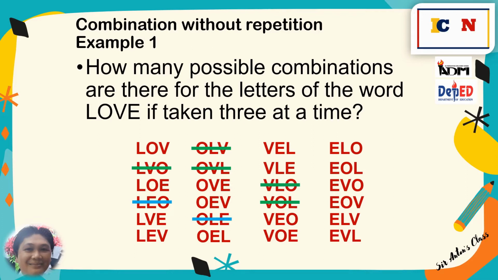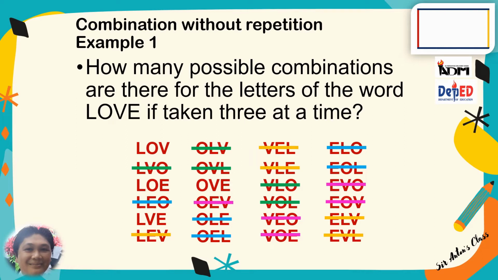It's the same with LEO, OLE, OEL, ELO, EOL. Then for LVE, we have this yellow or orange line, the same with LEV, VEL, VLE, ELV, and EVL. And lastly, for OVE, it's the same with OEV, VEO, VOE, EVO, EOV.